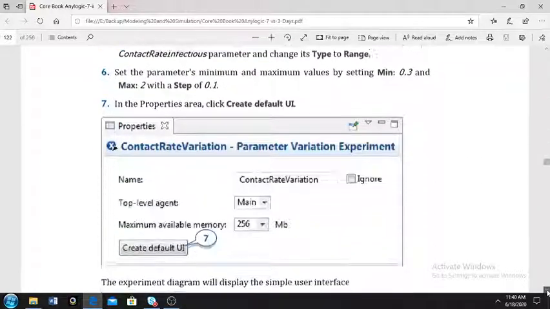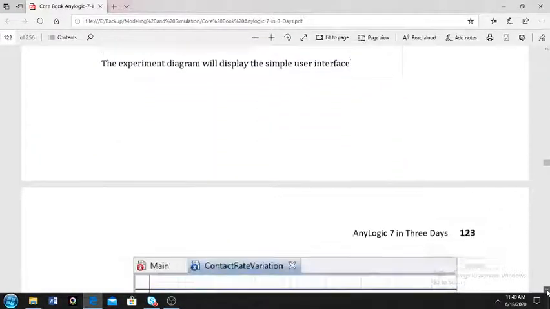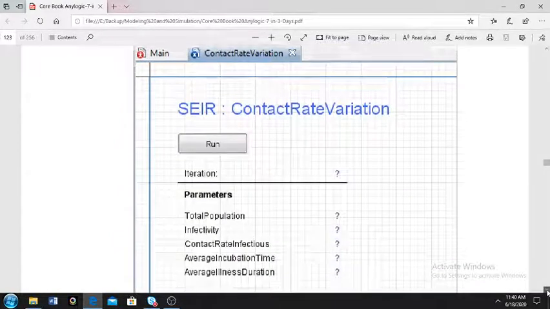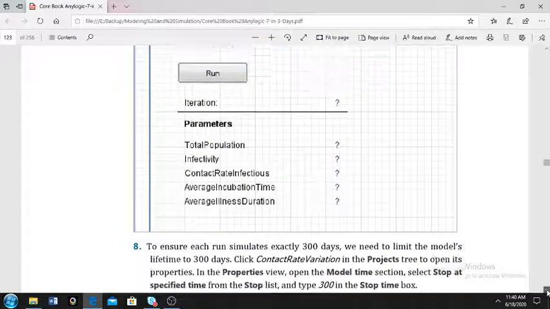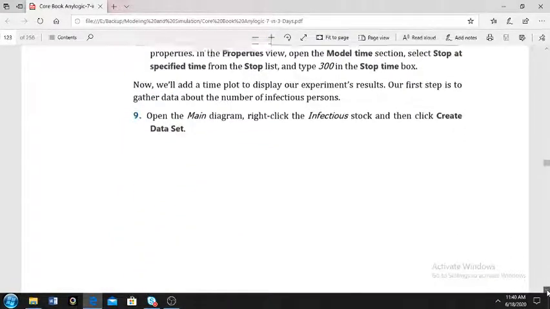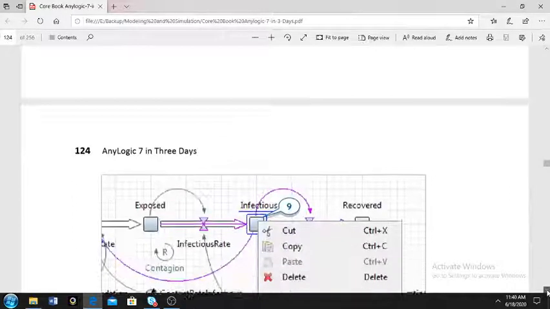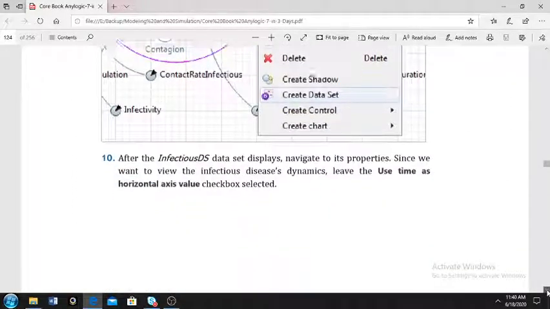You just need to follow click after click, and then here you run your simulation.